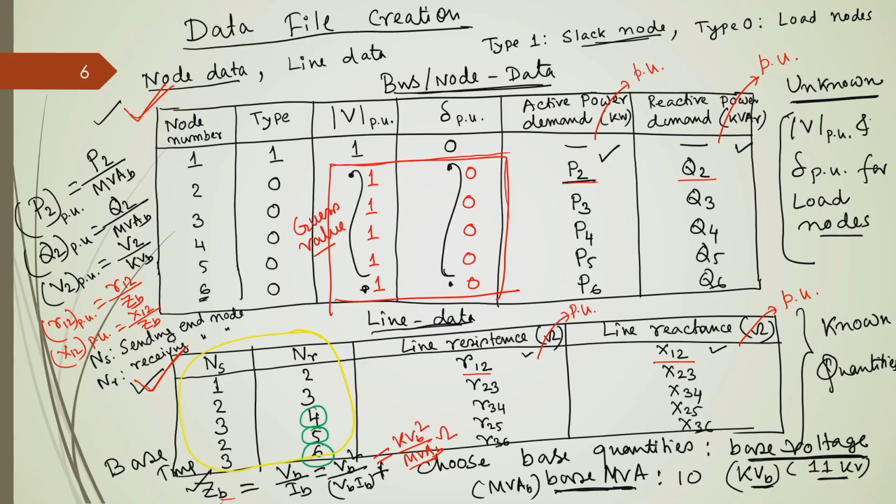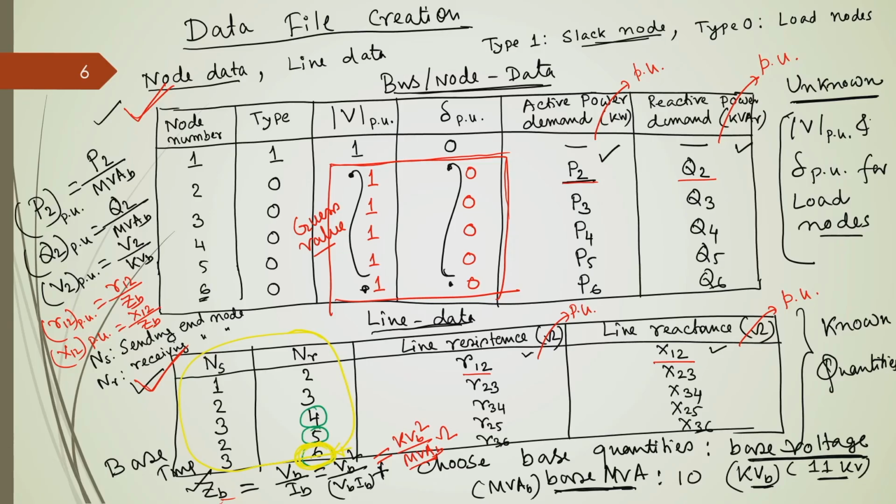How does one find the line current? Let us first start with the N node, that is node 6. You find that node 6 is the receiving end of one particular line, and then you find out the sending end of that line, that is node 3. Then you determine the line current flowing from 3 to 6.